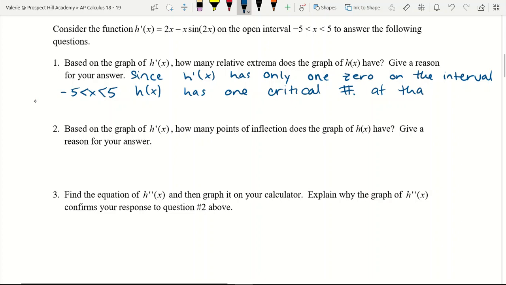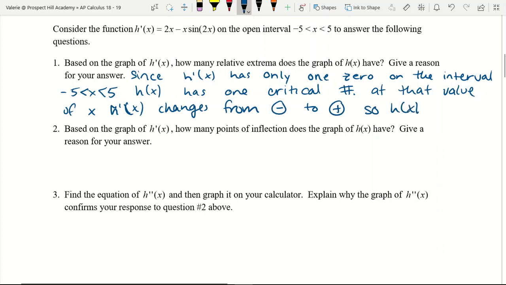At that value of x, h prime of x changes from negative to positive. So h of x has a relative min.